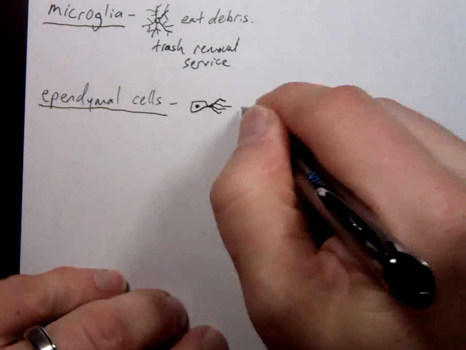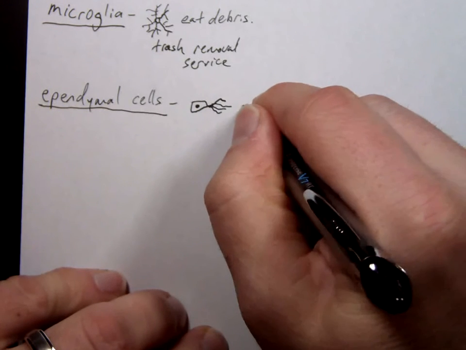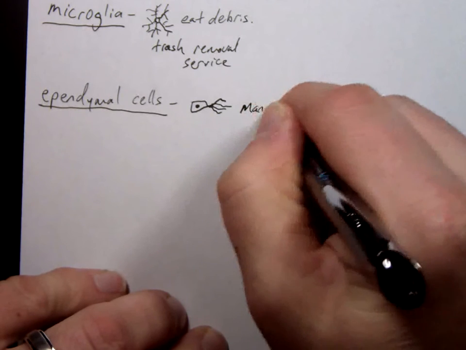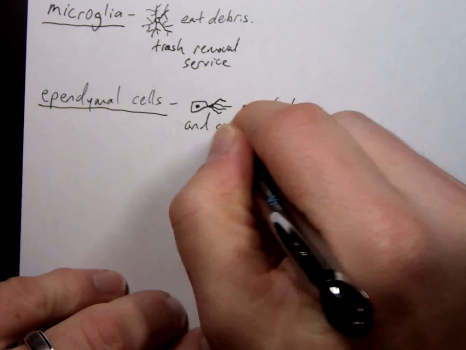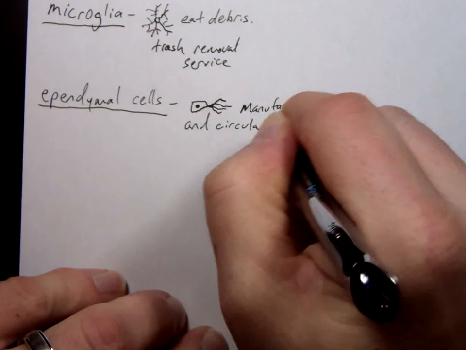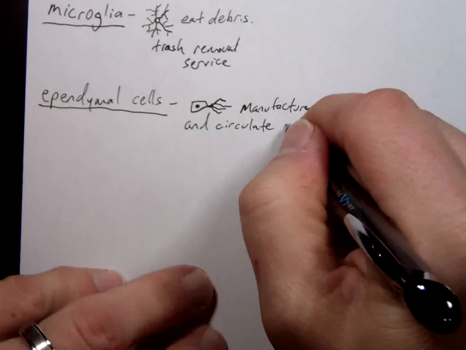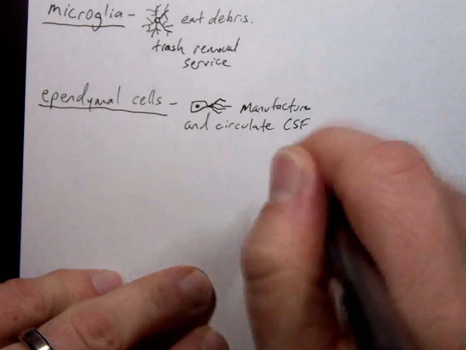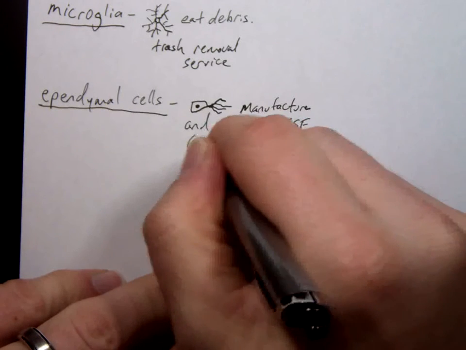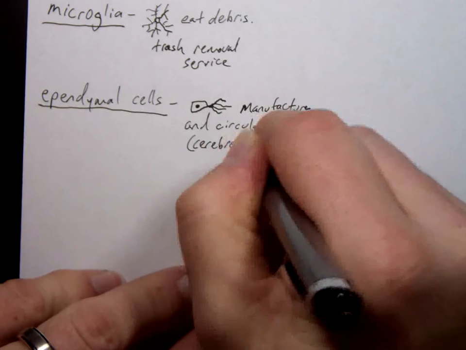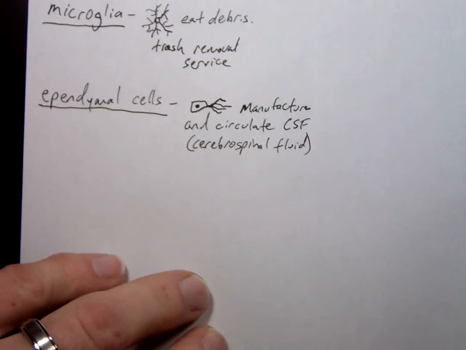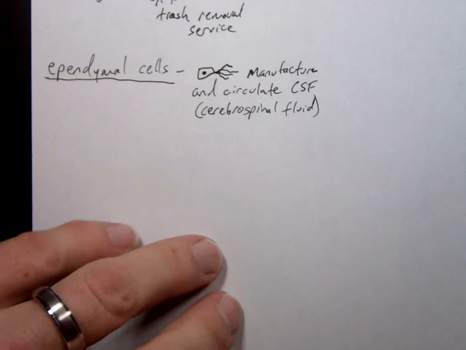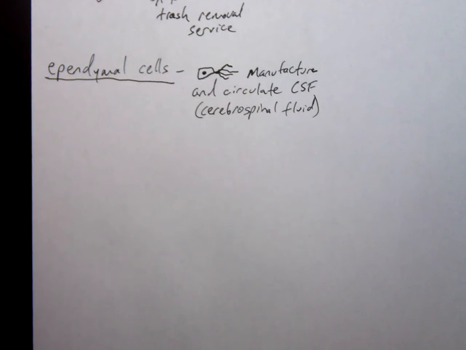This one's job is to manufacture and circulate CSF, which is a fancy word for cerebrospinal fluid. Cerebrospinal fluid. Manufacture and circulate CSF.